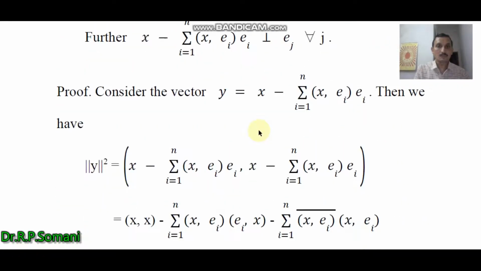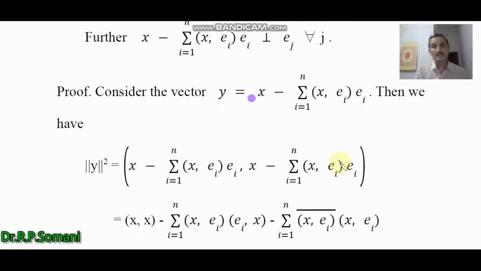So we have the proof like this. For the proof, we consider the vector y equal to x minus summation, i varying from 1 to n, of (x, ei) ei. Then we have norm y squared equal to the inner product (y, y), and we put the value of y. So this is (x minus summation, i varying from 1 to n, of (x, ei) ei, x minus the same).